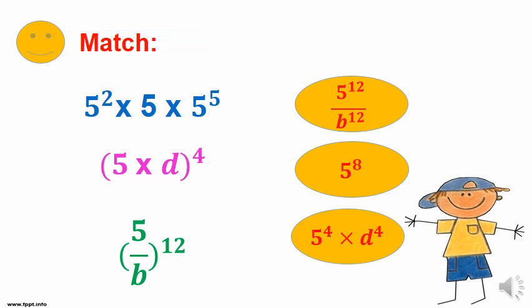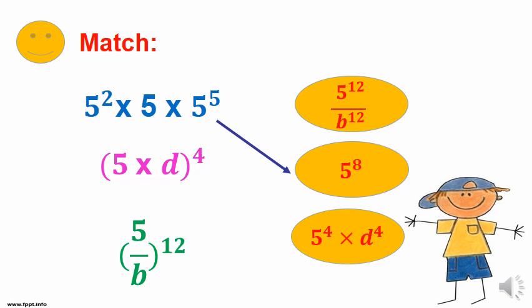Let's make an application. The first one, we have the same base, so we add the exponents. 5 in the middle doesn't have any exponent, so we put exponent 1. 2 plus 1 plus 5, which will be 5 to the power 8. 5 times d, or any numbers having the same exponent, the exponent will be what?